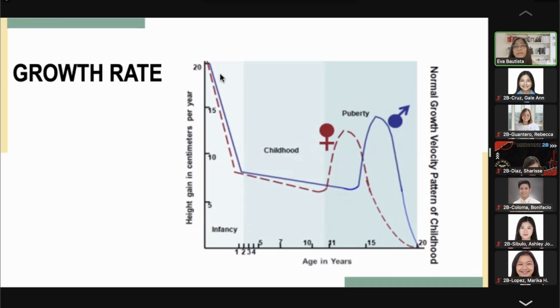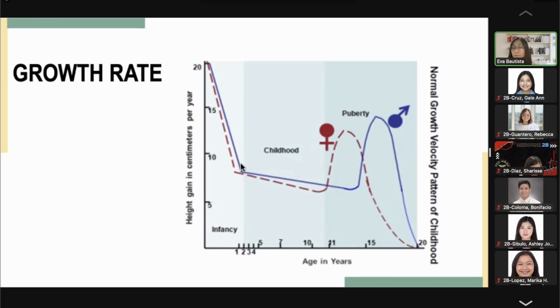We can see here the height gain in centimeters per year. In the first year of life, the height gain is about 25 centimeters, and going to the second year, it's about 10 centimeters increase in height.